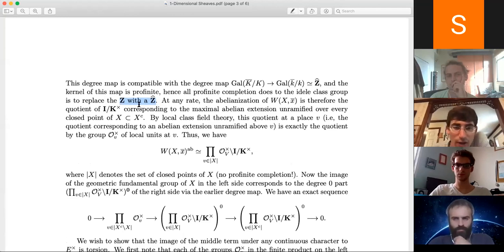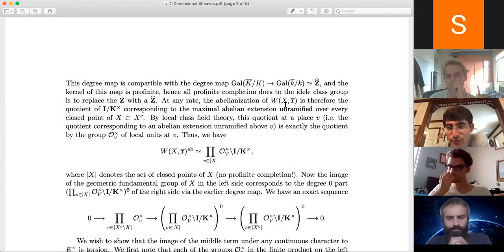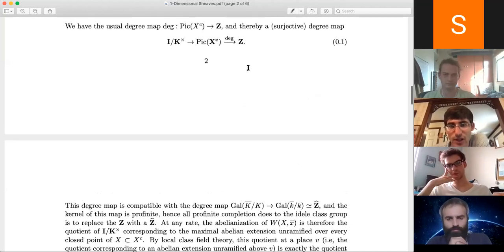The ultimate point of all this, which is why this all works, is the Abelianization of the Weil group. The Abelianized Galois group is this idele class group.